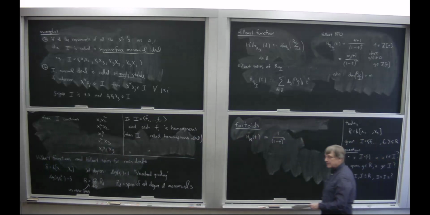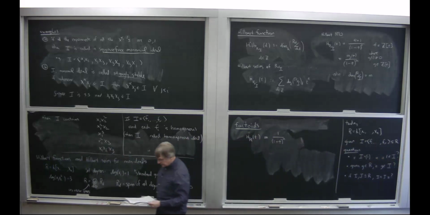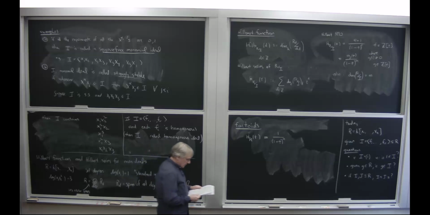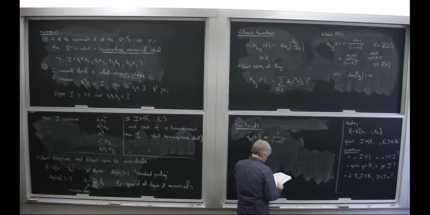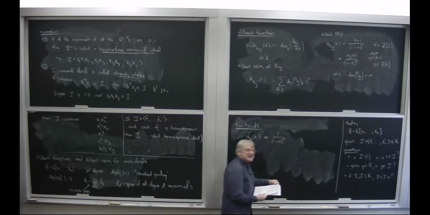Okay, that's just a computation that you can do. Okay, and now let's do it. Actually, sorry, for some reason, that's the only factoid I have written down at the moment. We'll get to more later.